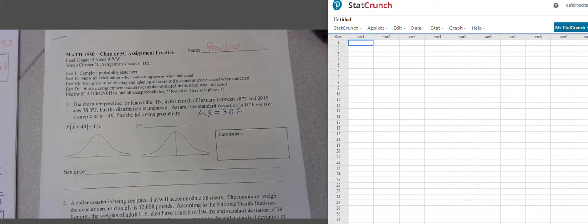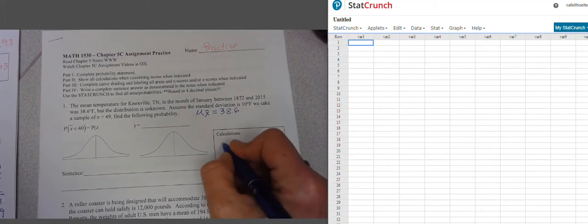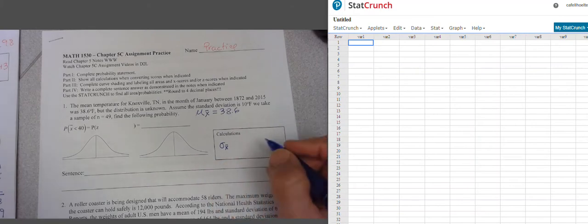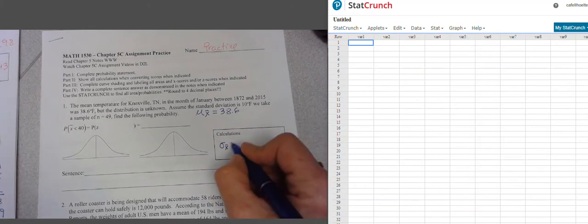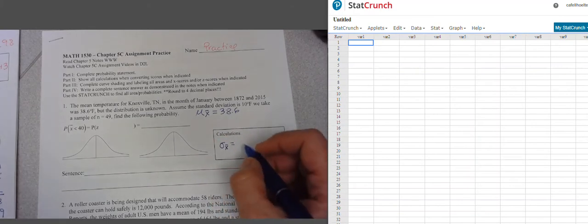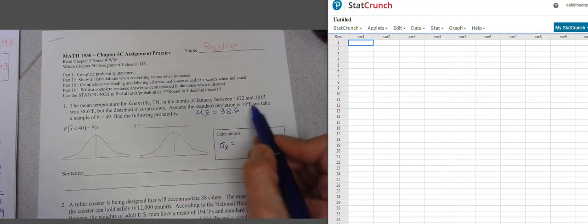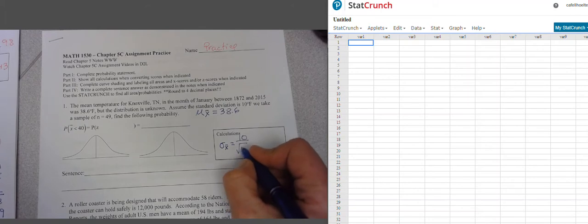So what we're going to do is get what the standard deviation of our sample means is going to be. So we have the sample of 49 different temperatures. The standard deviation of the original population was 10. But we have to adjust that a little bit because we're going to divide by the square root of 49.